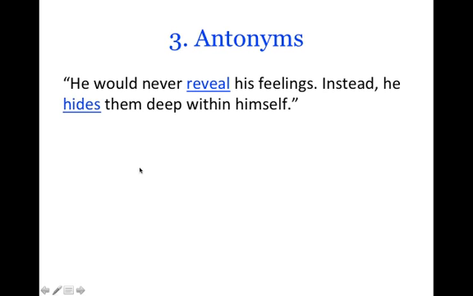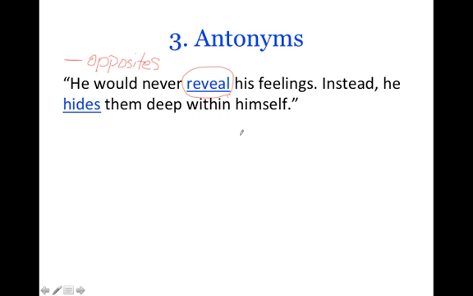The third type of clue is an antonym. And antonyms are words that are the opposite meanings. So synonyms are the same, and antonyms have the opposite meaning. So we'll use this same word again, reveal. He would never reveal his feelings.